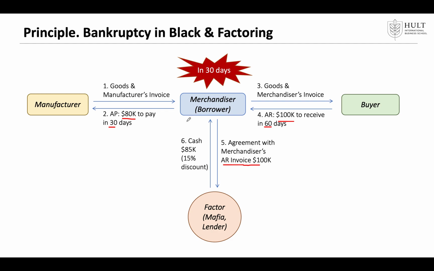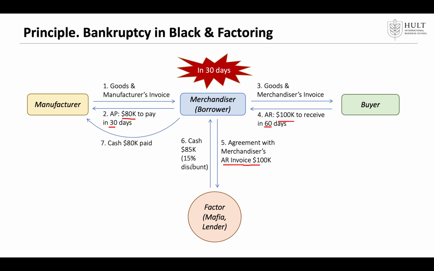Because the merchandiser desperately needs the cash to pay this $80,000 right away in 30 days, inevitably the merchandiser should take this agreement. They should take this 85K with this agreement.